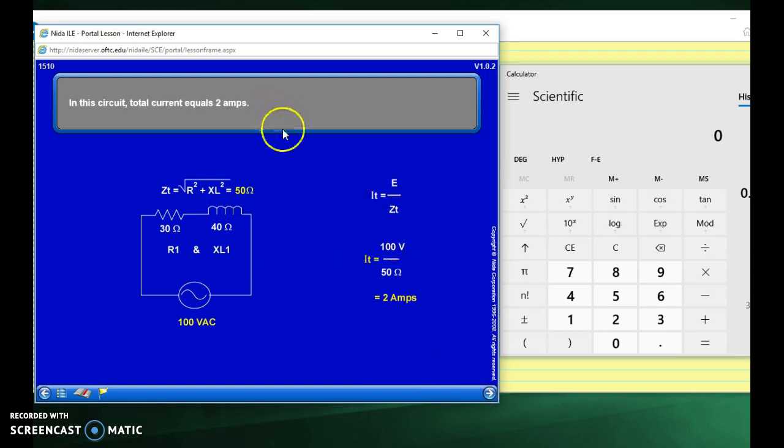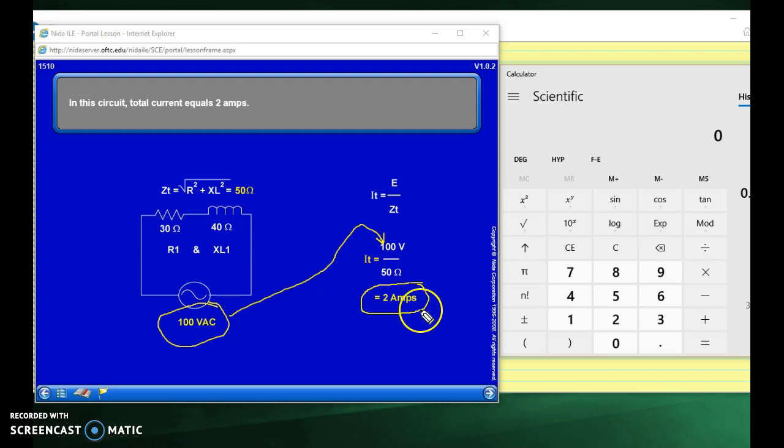So we're taking the 100 volts, and again, just to show you where these values are coming from, the 100 volts that's here. Remember, we calculated 50 ohms from the previous, because that was the 900 plus 1600 giving us a square root. We come up with 2 amps. So there's our answer right there before our very eyes. So that formula is much easier, as you can see.